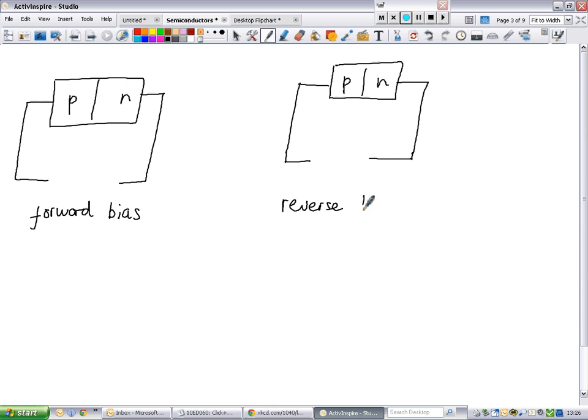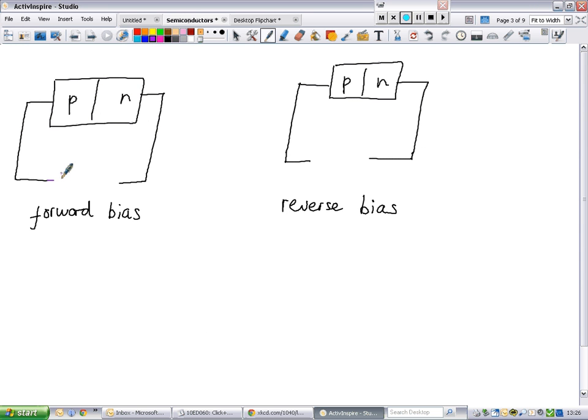So if I want to move holes and electrons together, then I'm going to have to repel these positive charges or attract these negative charges this way, and push the negative charges this way or attract the positive charges that way. So that tells you how to connect your battery down here.